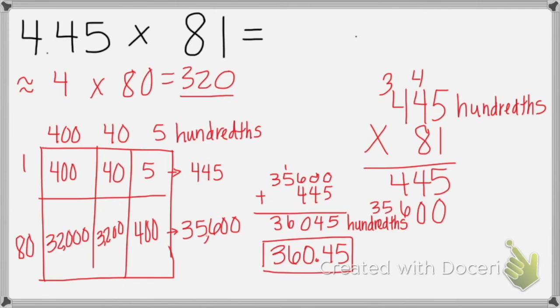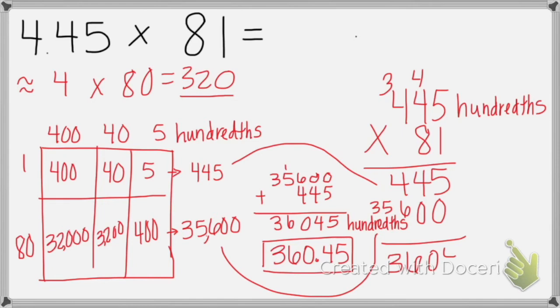You see that my partial products match. And when I add that together, I get this many hundredths. And when I add my decimal, it's in the same place. So I get the same answer. It all matches. That's what we did previously.